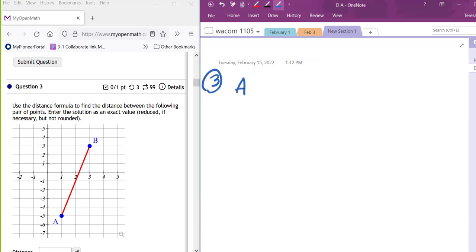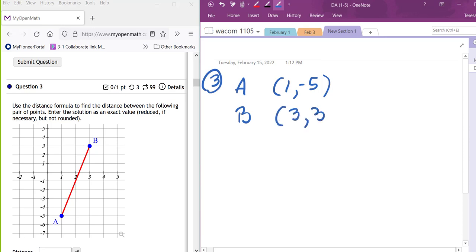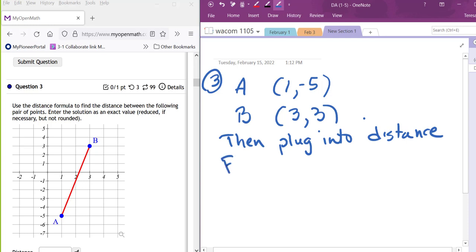So it is 1, -5, and point B is 3, 3. And then plug into your distance formula. So that is the only thing to it. So we won't work that one out.